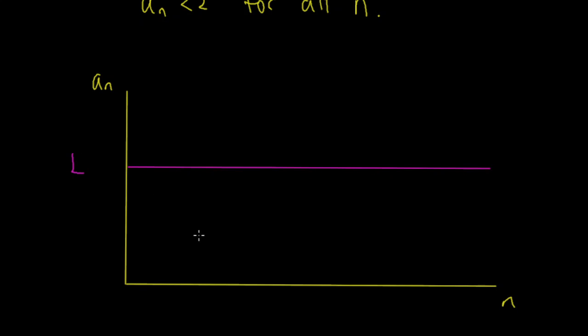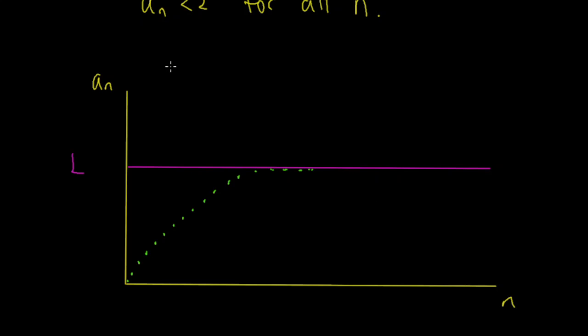So that's a number. And this is bounded, so it's probably going to look like this, right? It's increasing, but it's bounded by this value here, right? It will never pass this value.